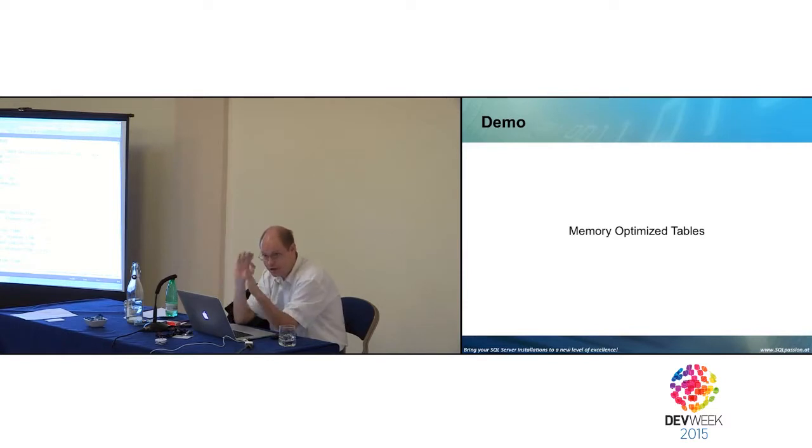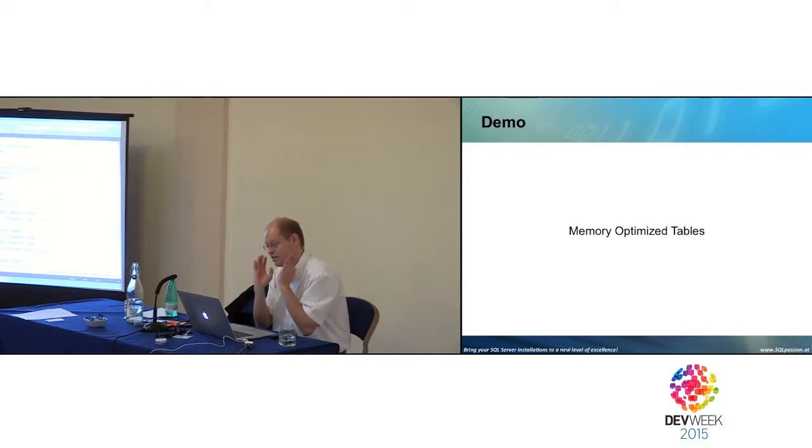There is no physical interaction with our storage subsystem anymore. We don't write into the filestream filegroup. We don't log anything in the transaction log, because there's no crash recovery. There is no need to perform a roll forward or a roll back when we restart SQL Server. We just start with an empty, fresh table. Very, very fast, but of course you lose your data.